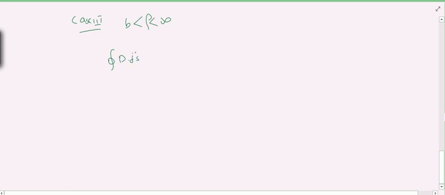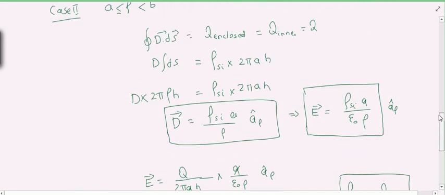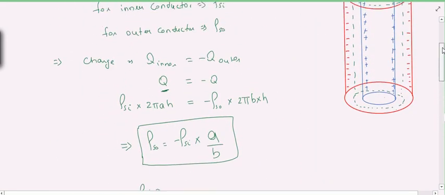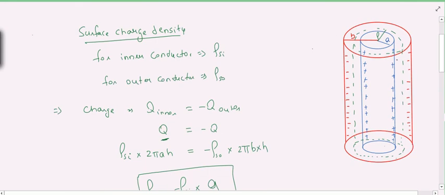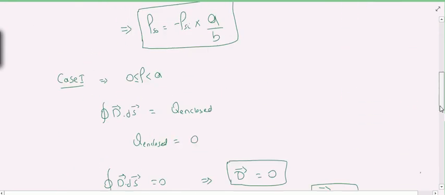So D dot dS equals to, now what happened is, for a Gaussian surface which is present outside both these conductors, charge q because of this and charge of minus q because of the outer conductor are both enclosed.